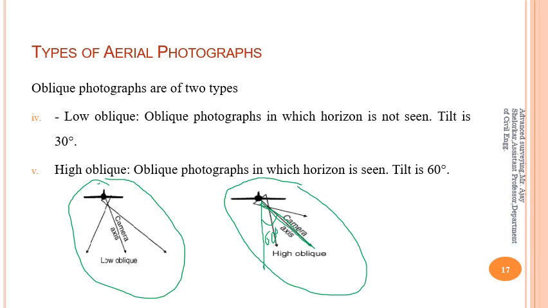In this case, if I draw a vertical line here, then the angle is 30 degrees, and due to that, this is called the low oblique. Here the 30 degree angle is the low oblique, and here is the high oblique.